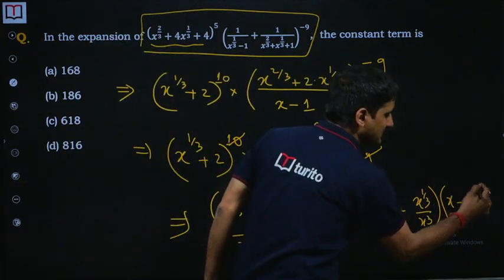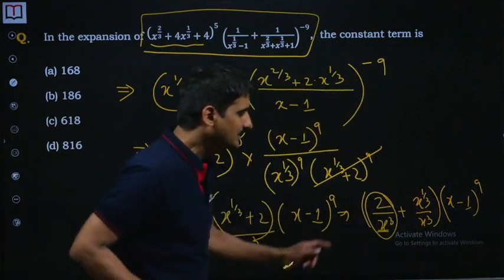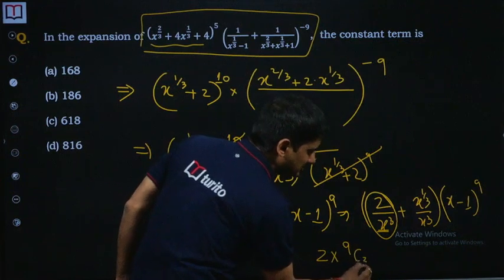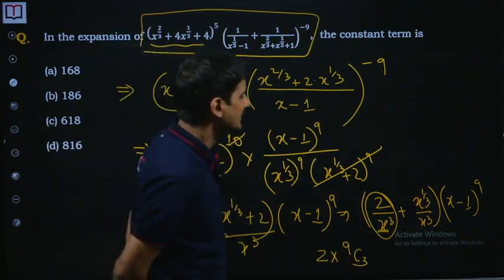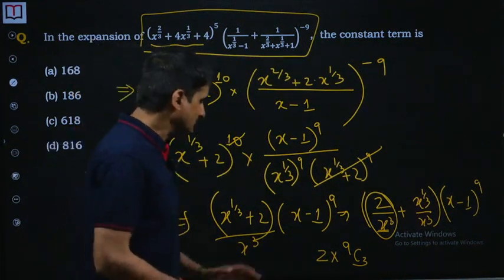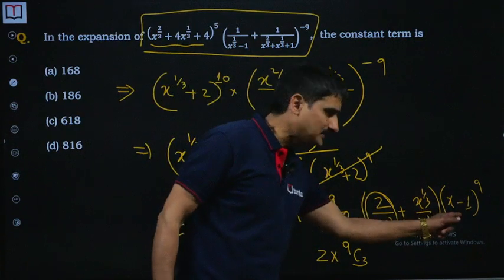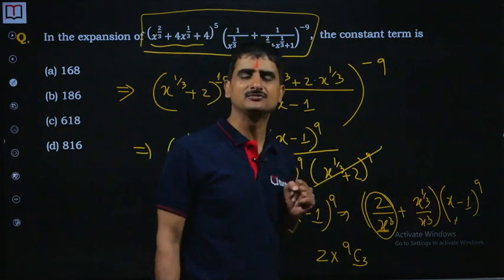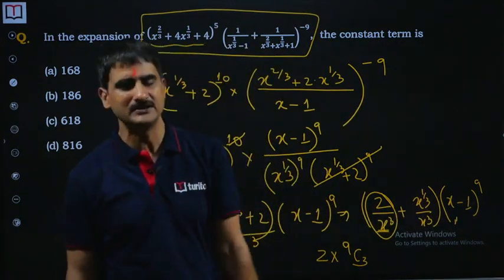So when you expand it and get x cube, multiply this term, so 2 times 9C3 should be the answer here. So 2 times 9C3 or 9C6, whatever you call it, because you need x raised to power 3 in its expansion, which when multiplied by 2 by x cube gives you the term independent of x.